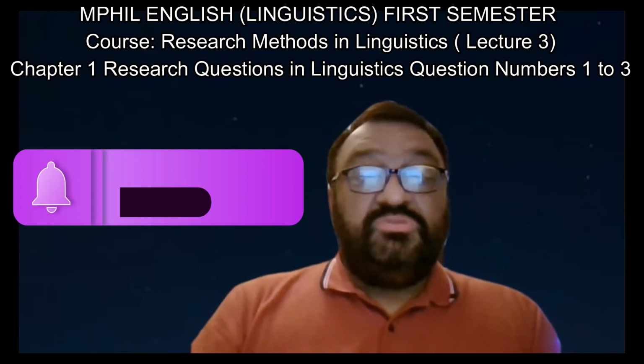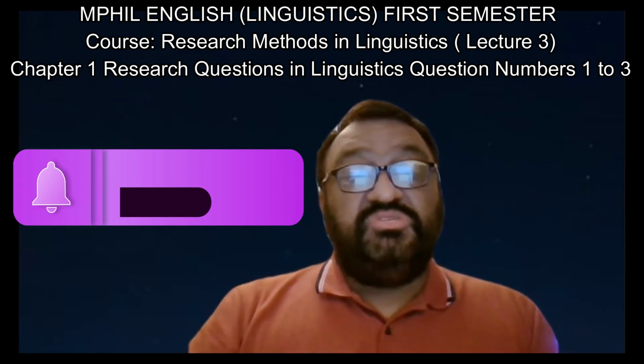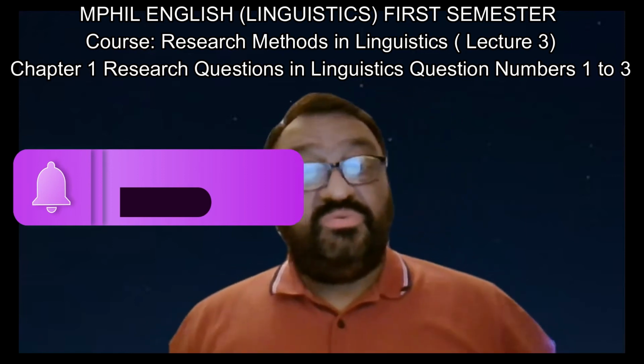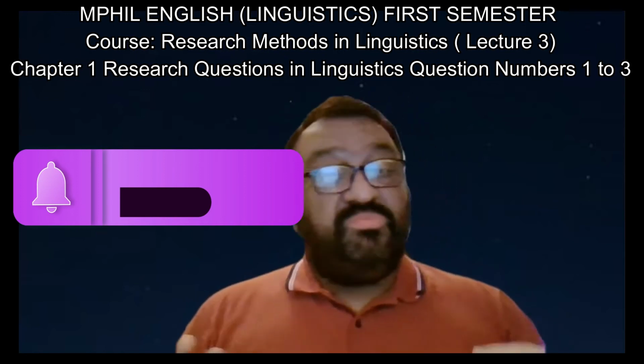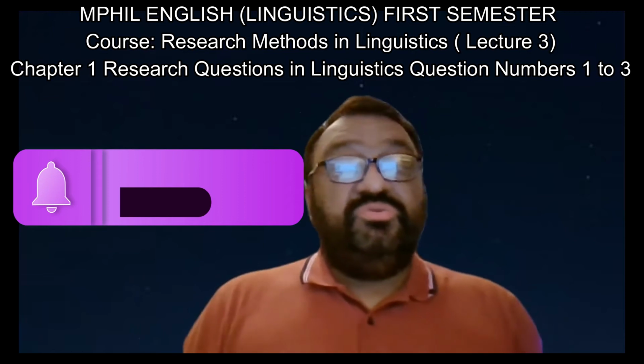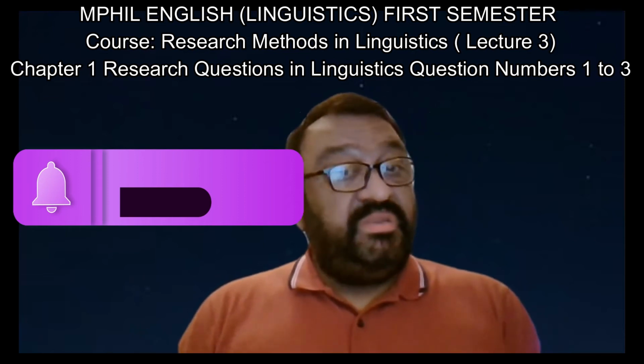The literature review tells you how much knowledge you have in your field. So do more and more literature review, read more theses, more books, more research papers. You should be very perfect in your field. The literature review shows how strong you are in your field.